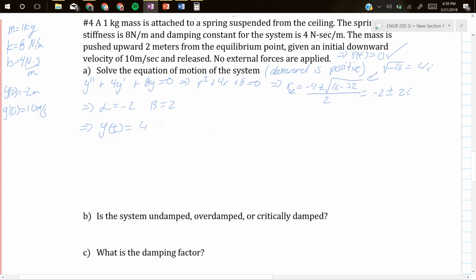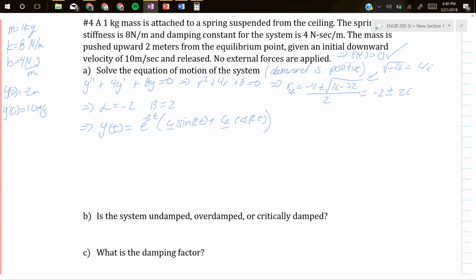And this means that our y sub h, or our y, equals c1. I'm going to multiply all this by e to the alpha t first. So e to the negative 2t times c1 sine beta t, which is 2t, plus c2 cosine 2t. We can choose sine or cosine, it doesn't matter, because either way, when we work it out, it will match up with the corresponding trig term.